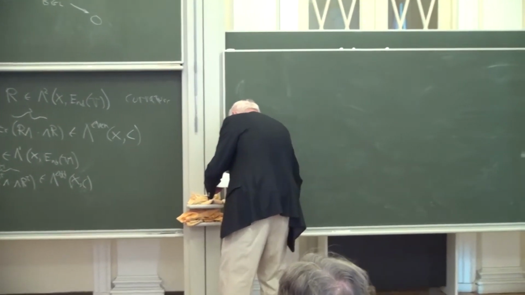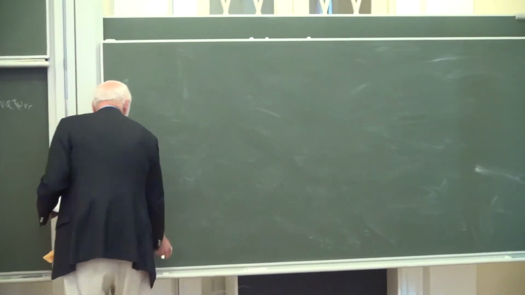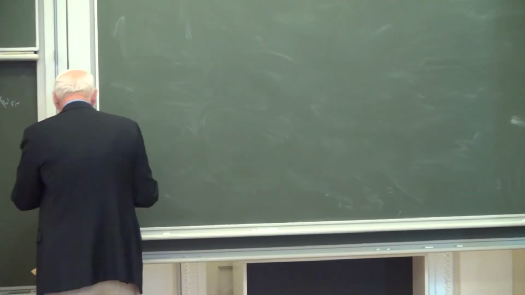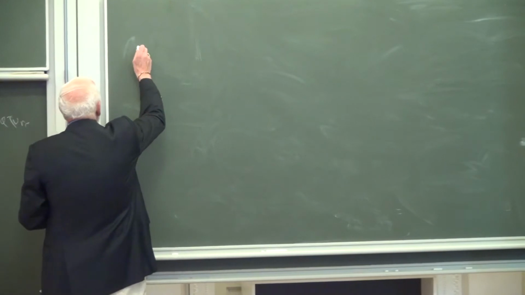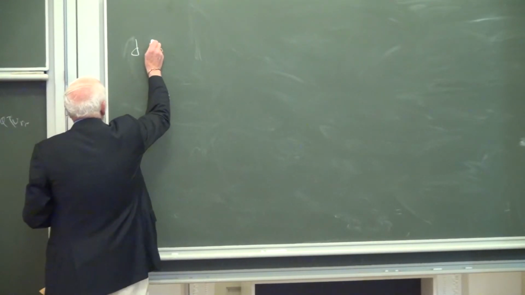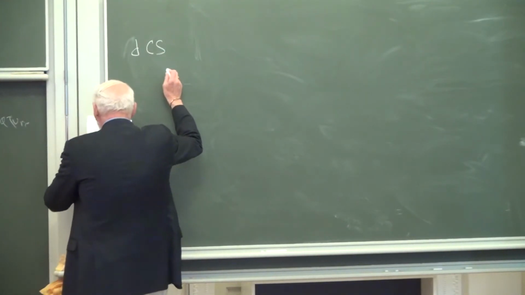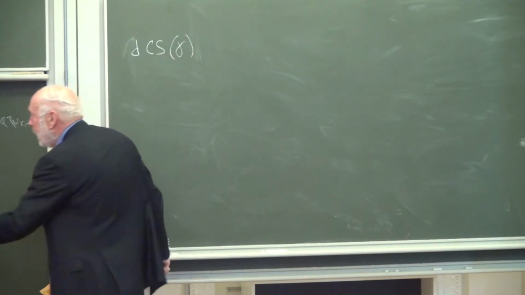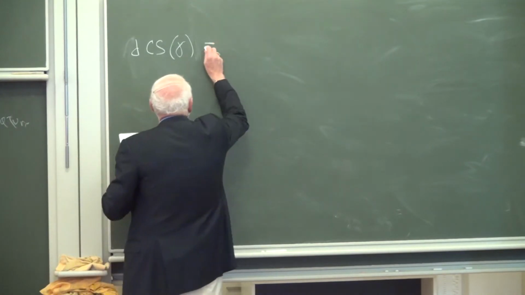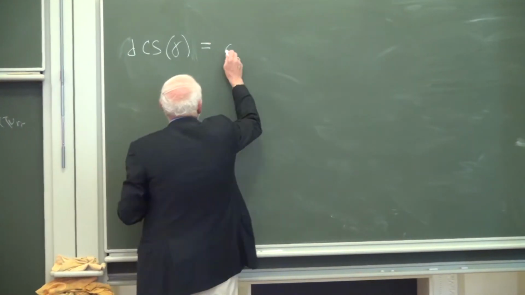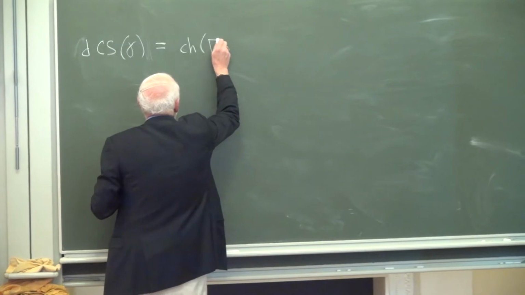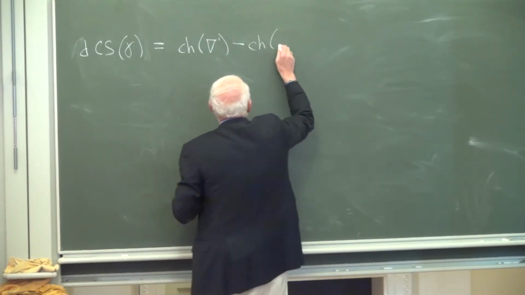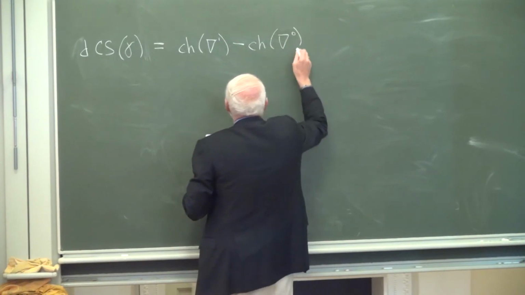So this is a term that connects the two characteristic forms. If I take the differential of CS of gamma, I'm going to get the Chern character of delta 1 minus the Chern character of delta 0.